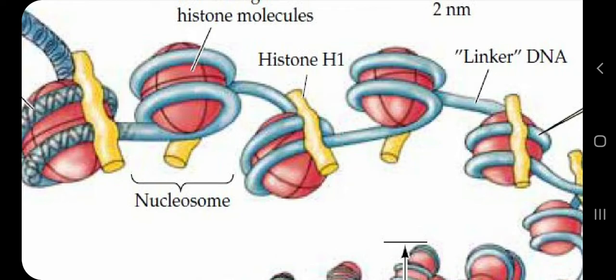When you stain the nucleus, you will find some areas lightly stained and some darkly stained. The darkly stained area was heterochromatin and the lightly colored area was euchromatin. Now you have the idea why: DNA is loosely packed, that is why it appears light; DNA is completely packed, that is why heterochromatin looks very dark.